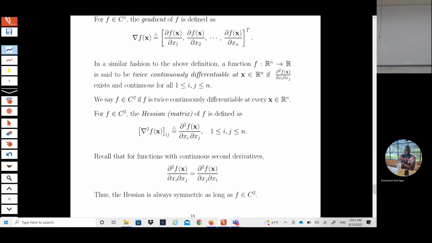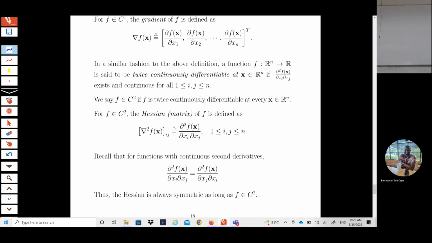And as a consequence of continuity, when the function f is twice continuously differentiable, the second partial derivative of f with respect to xi and xj is equal to the second partial derivative of f with respect to xj and xi.